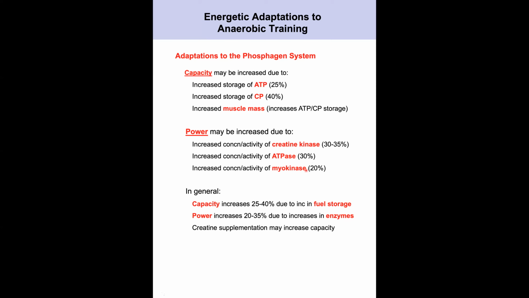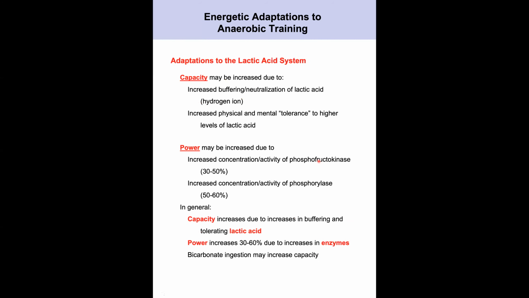It basically means that if we're quickly producing ATP, we also need to be able to move quickly. So that helps as well. But you see basically a 20 to 35% increase in power production due to the enzymes. And we know that you can supplement with creatine in order to increase your capacity.